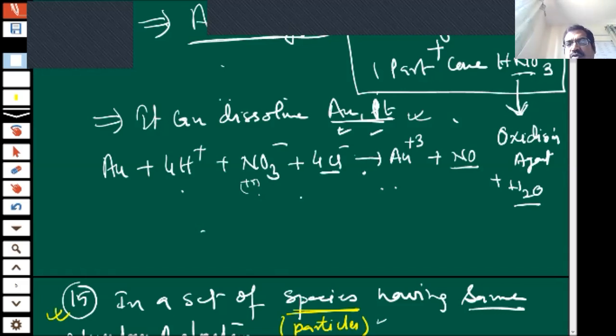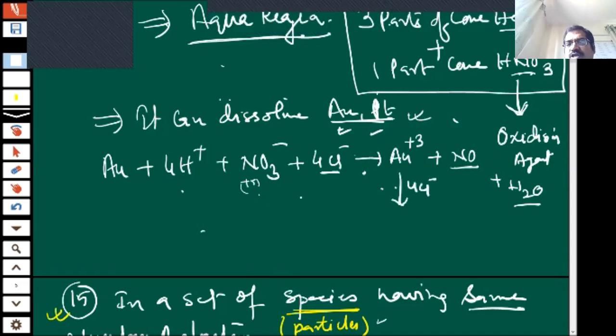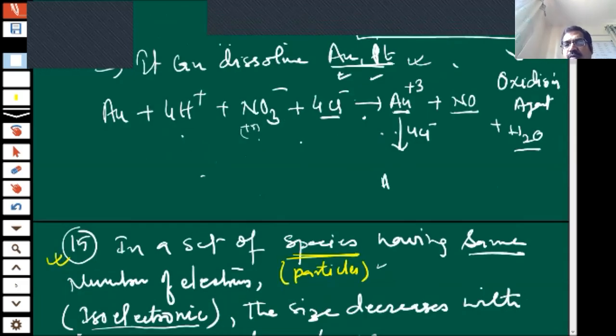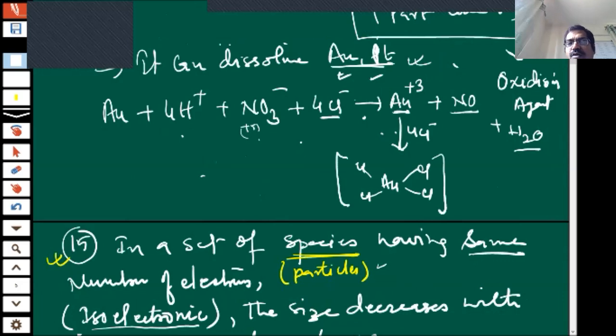Now what does this Cl do? This 4Cl minus will react with Au and form this type of compound: Au, Cl, Cl, Cl, Cl like this. They have vacant orbitals, so they form coordinate bonds, and finally you can write this compound as AuCl4 with 1 minus.